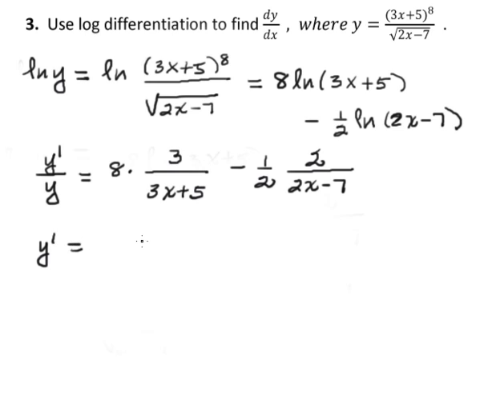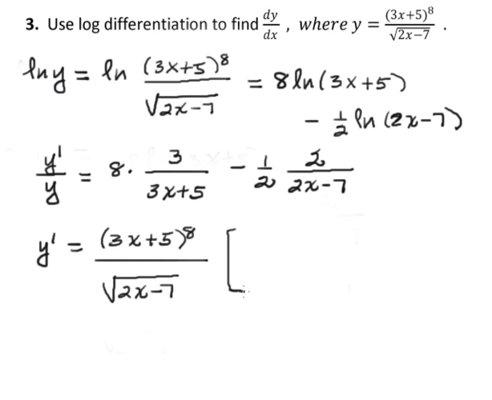So on the right-hand side, I'm going to have y, and instead of putting the variable y, I'll put the expression that y is equal to. So I'll put that here. So this is y. And I'm going to multiply all that by the right-hand side in the line above.